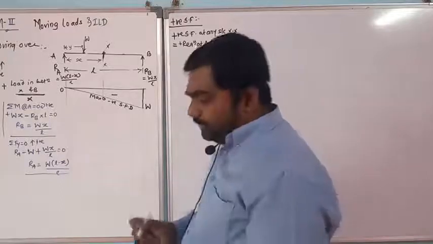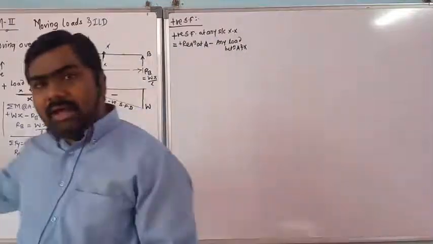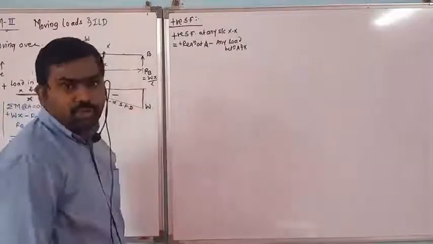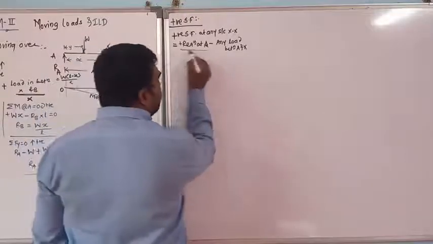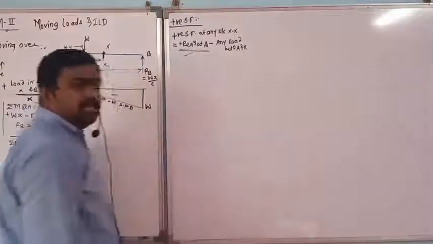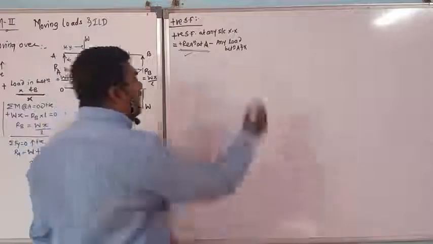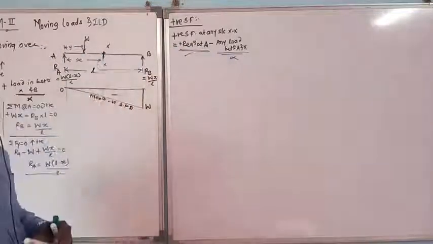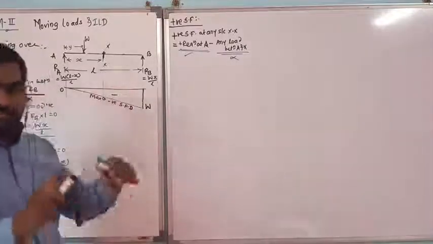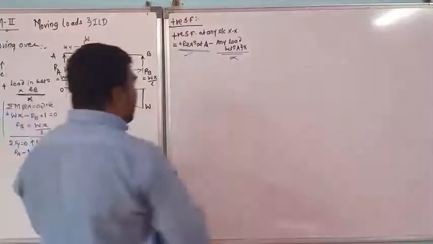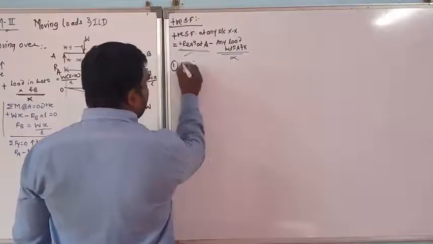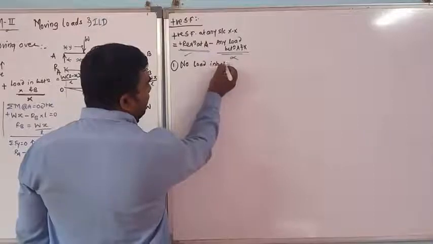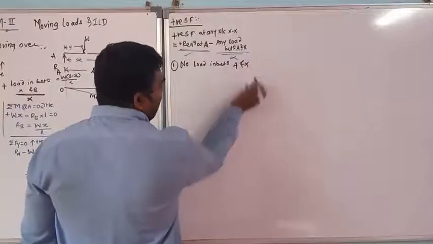Now, similarly, how do I get the maximum positive shear force? Here I want the maximum positive shear force. To get it, we are going to keep the positive term, that is the reaction at A, but we are going to neglect the term that is the load in between A and X. To neglect this, the first condition that arises is no load in between A and X. Then where should the load be?